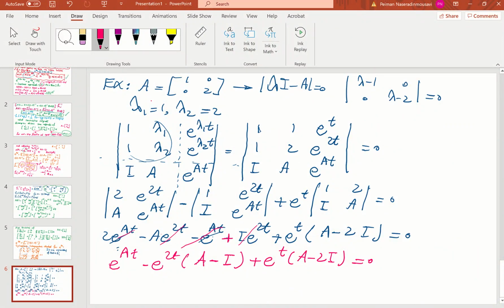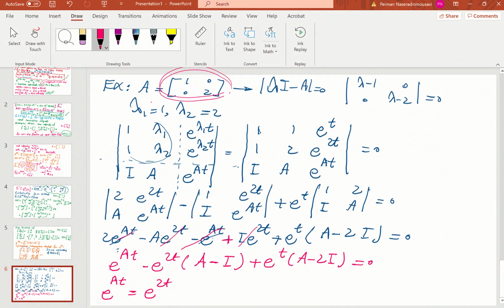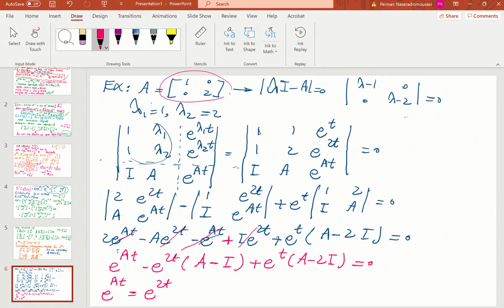Understand? So, on the other hand, e^(At), which we want to find, is e^(2t)(A minus I) minus e^t(A minus 2I). A minus I is [1, 0; 0, 2] minus the identity matrix. How much is it? [0, 0; 0, 1], obviously.